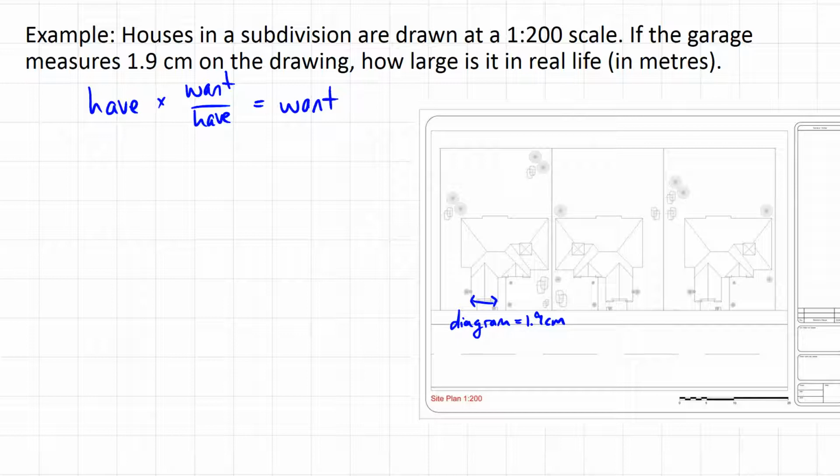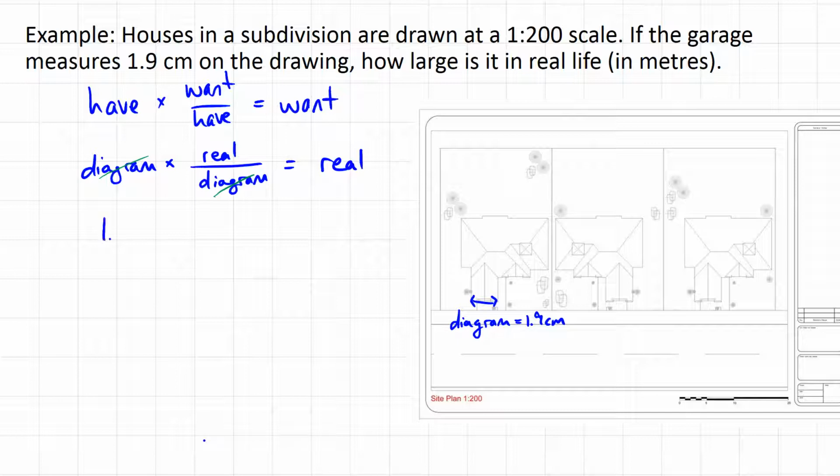What we have is information about the diagram, and so we're going to multiply that by a fraction of real to diagram to get the real life distance in meters. That basically cancels our diagram lengths and leaves us with the real length.